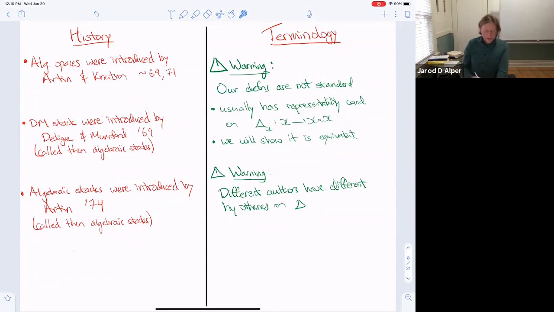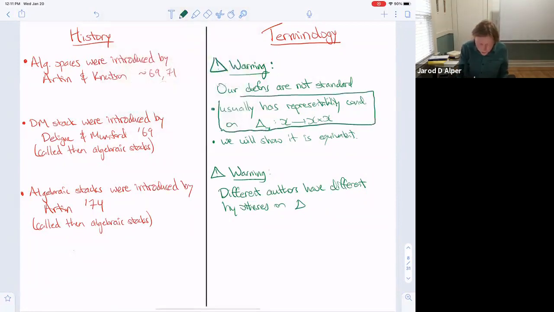But I want to emphasize the warning on the right-hand side that our definitions are not really standard, and different authors have different hypotheses when they define algebraic stacks. First and foremost, and this is maybe the most important, usually there's some sort of representability condition on the diagonal.